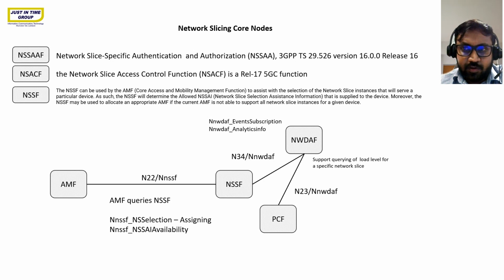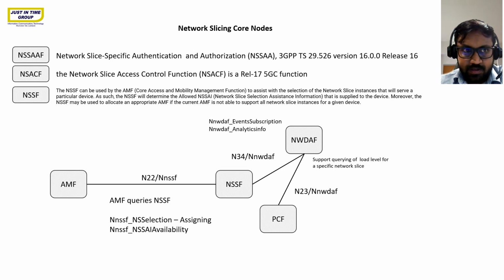And if the AMF is not capable of providing services to a certain specific network slice, then the NSSF would select the required AMF for the control plane related functions of the 5G SA core.